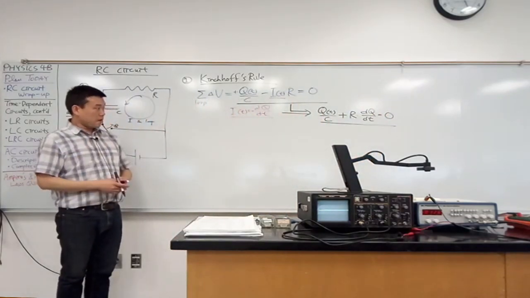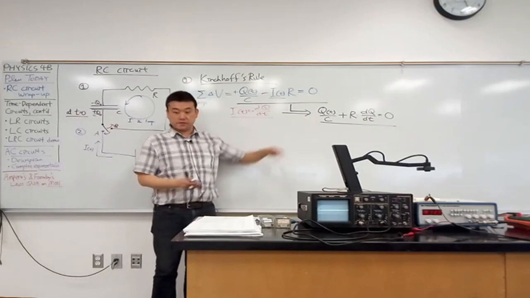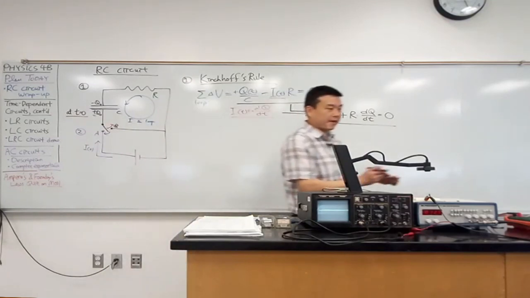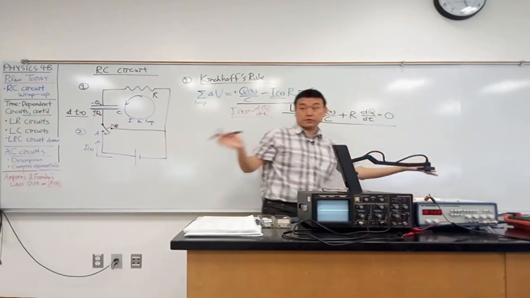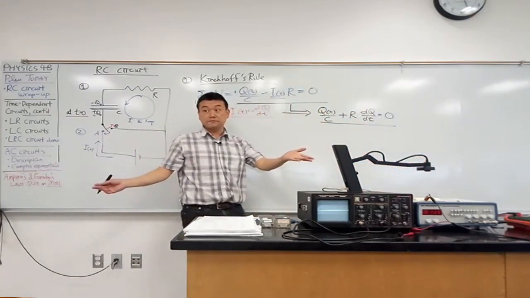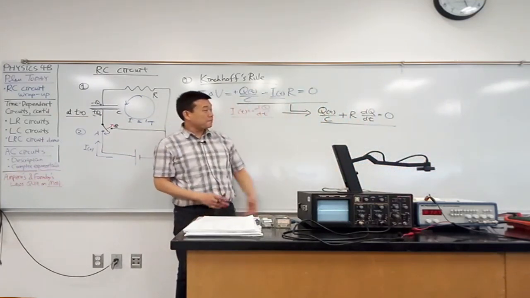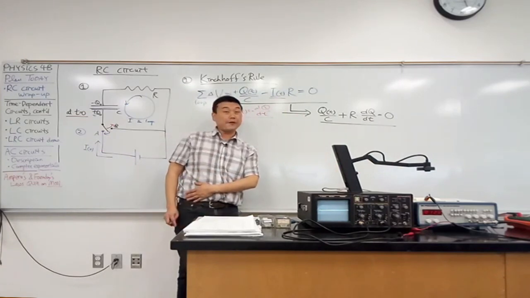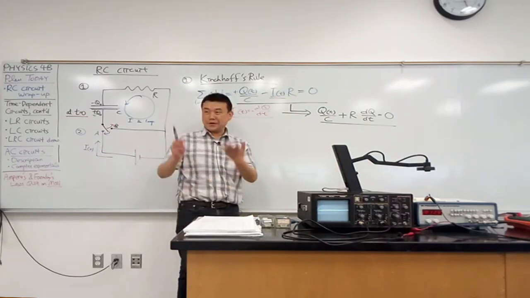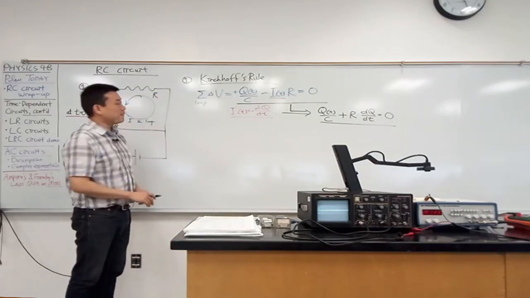This is a differential equation, and unlike my physics 4A class, most of you have seen differential equations in your math classes, right? A lot of what we are doing this week and next week will be dealing with differential equations. So just be ready for that.